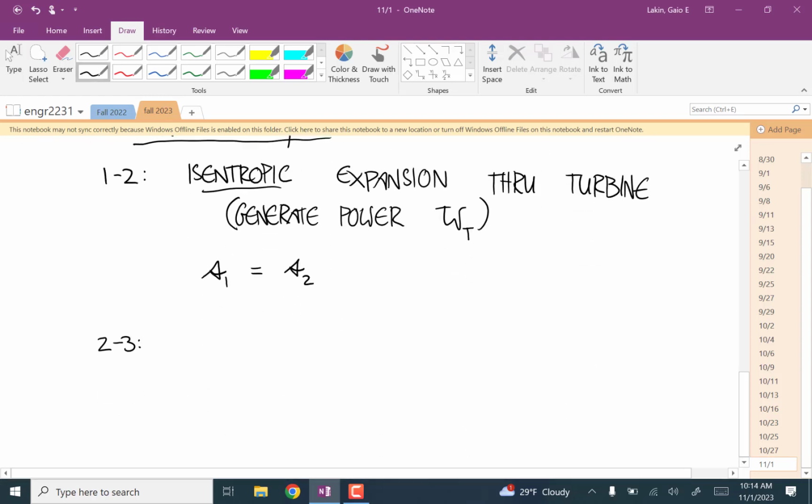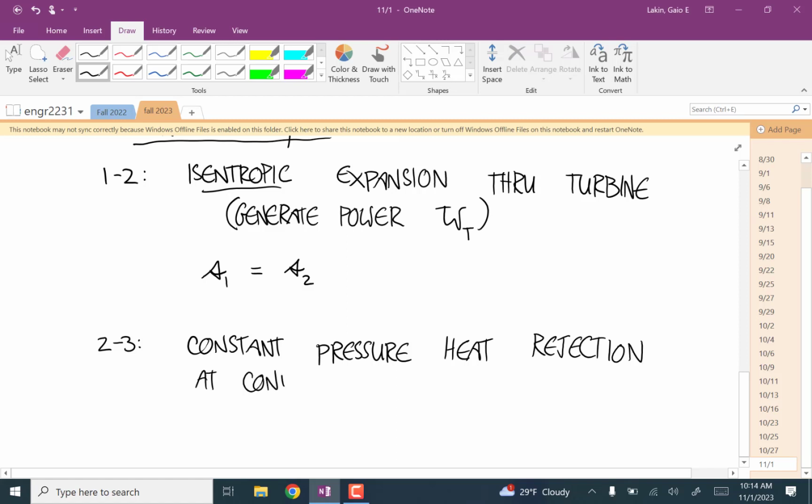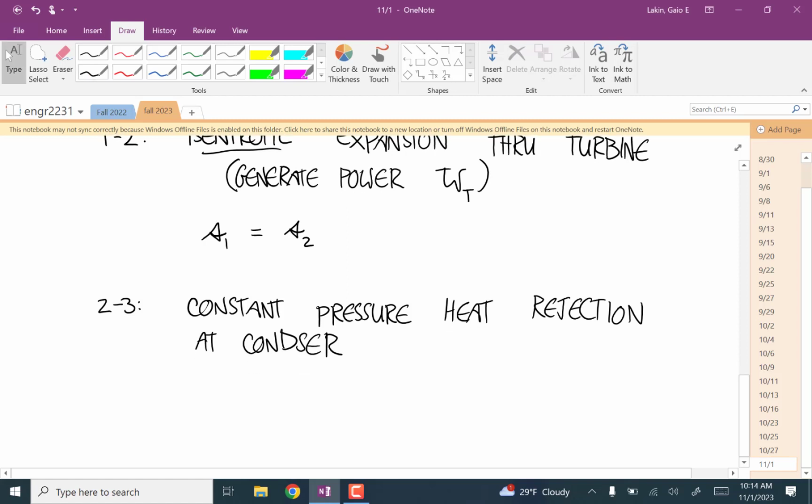But this happens at a constant pressure, so constant pressure heat rejection at the condenser. And so what we know here, since it's constant pressure, is that the pressure at state 2 is equal to the pressure at state 3.